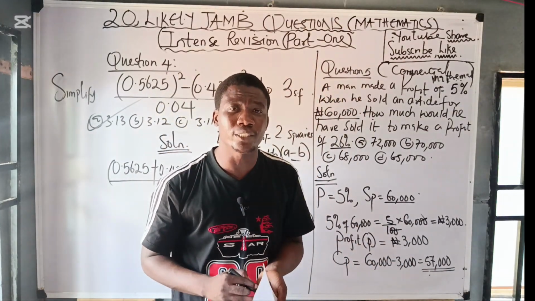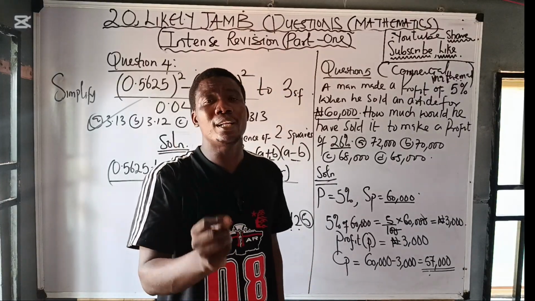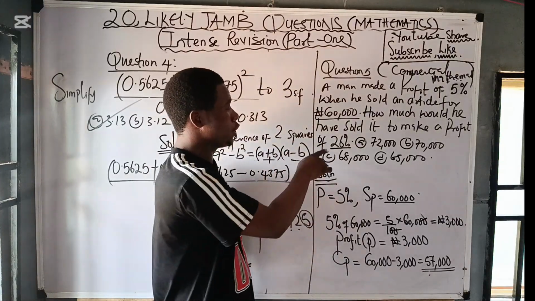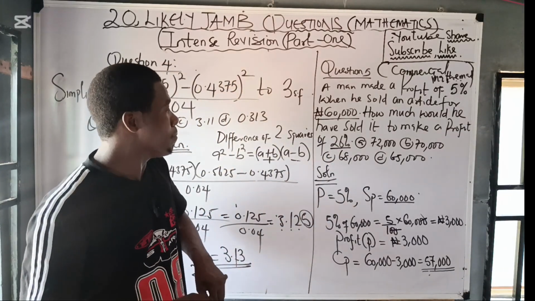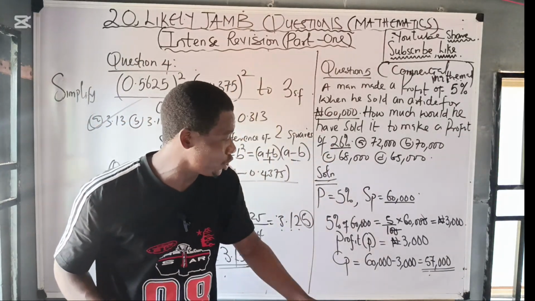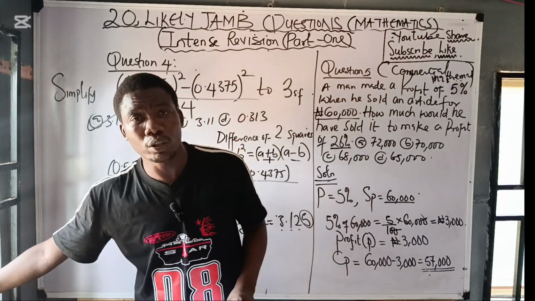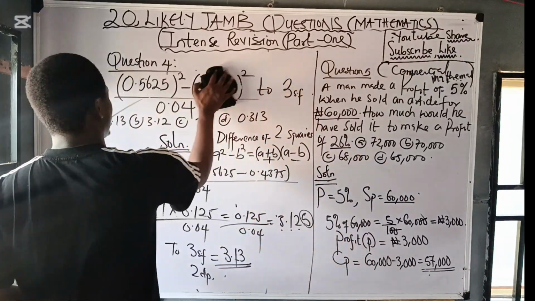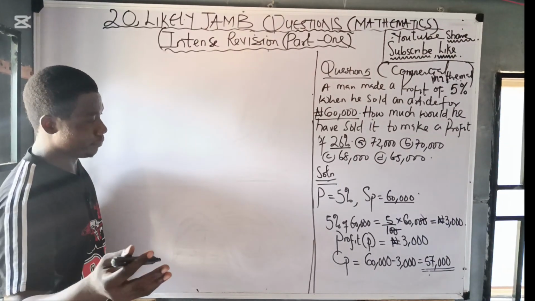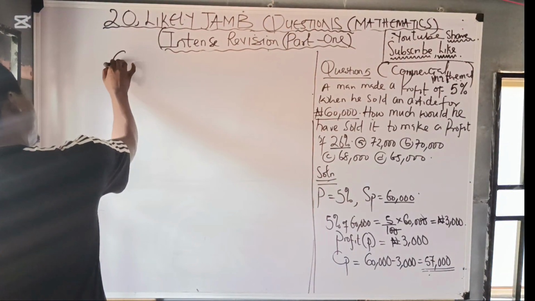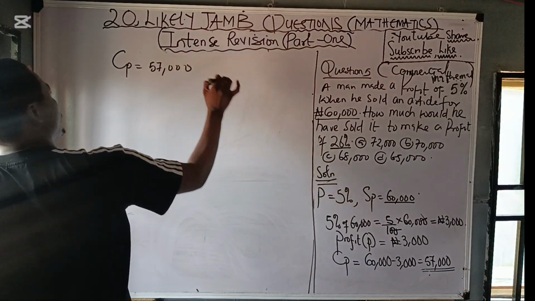So the question says, how much would he have sold it so that he can make a profit of 26%? So let's go and look for the selling price to make up this profit if the initial cost price is 57,000 naira. So the initial cost price, CP, is actually 57,000 naira.